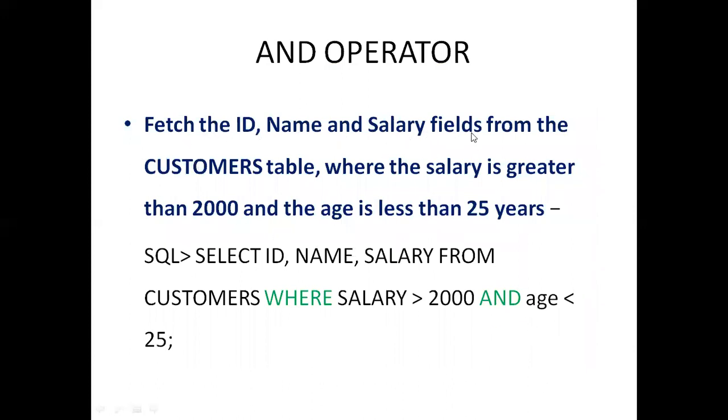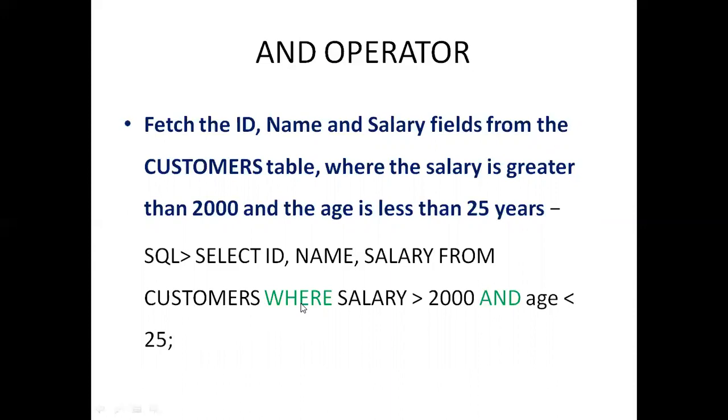Fetch ID, name and salary fields from the customers table where salary is greater than 2000 and age is less than 25 years. Okay, so what should I select? I should select ID, name and salary, whatever you want. From which table? Customers table. What is the condition?